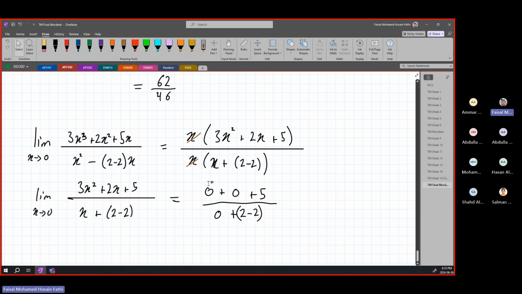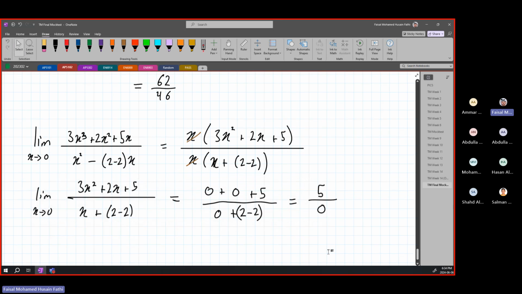So the x itself was not the reason of us getting a 0 in the denominator. All right? The x itself was not the reason. The constants in the equation eventually became 0. That is what I mean. When you did the simplification, and this will occur when you have conjugates, when you did the simplification, it came out to 5 over 0.